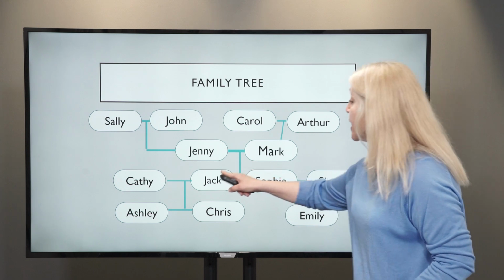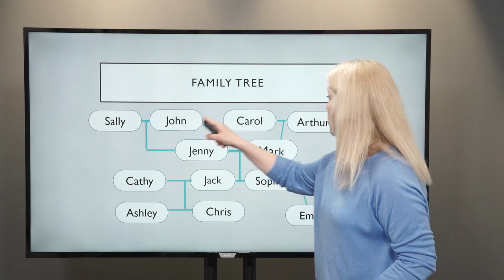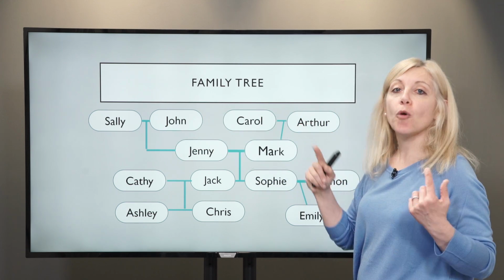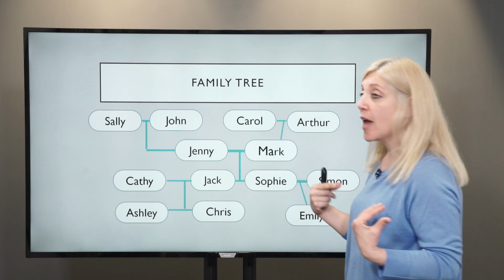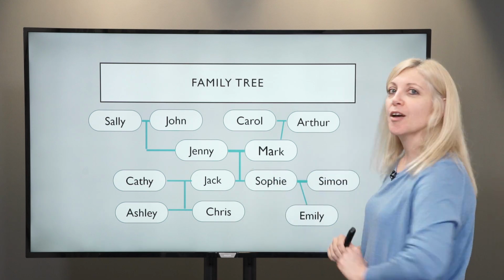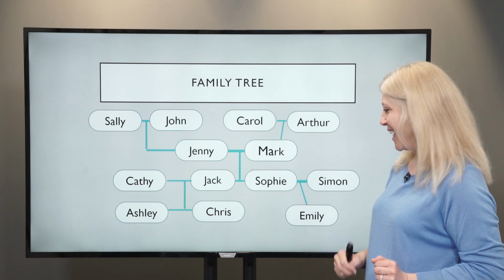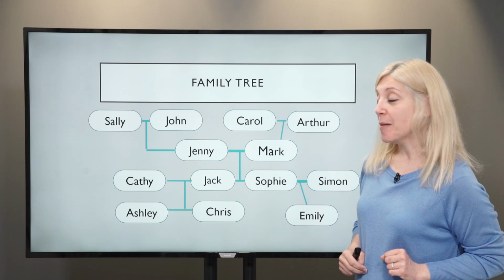So Jack and Sophie are basically Sally and John's and Carol and Arthur's grandchildren. These are the grandparents. My parents and my husband's parents are our children's grandparents.